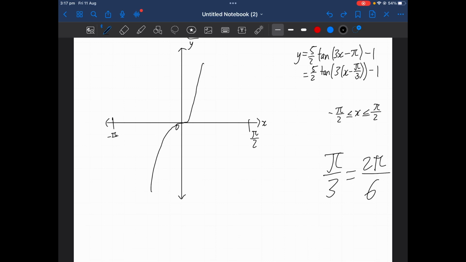So, pi on 6. Let's put everything in terms of pi on 6s, so that's easy to understand. Pi on 2 is 3 pi on 6, right? So from 0 to 3 pi on 6, we're going to shift it 2 pi on 6. This is why it's handy to have a 12 by 12.